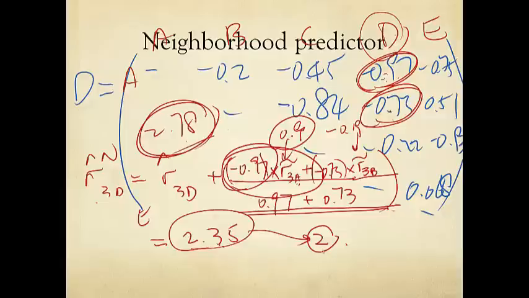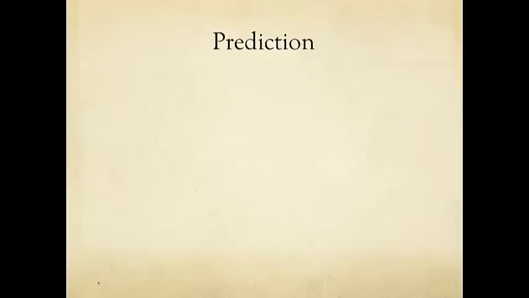If you compute the squared error between 2 and 2.78, you see that's much bigger than that between 2 and 2.35. So now we can compute this for all of the 10 items that we want to predict. And it turns out that we get a much improved performance.